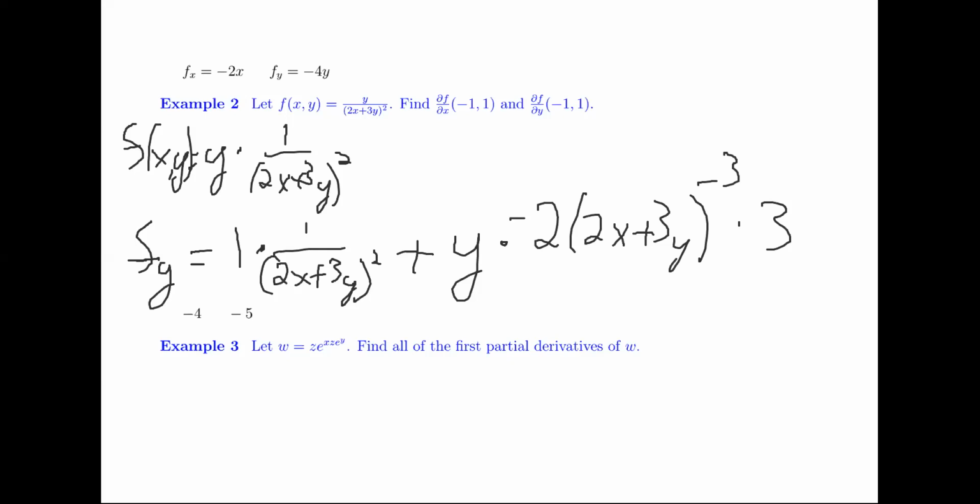All right, and then we plug in negative 1 for x and 1 for y. So I'm going to skip down here and do that.